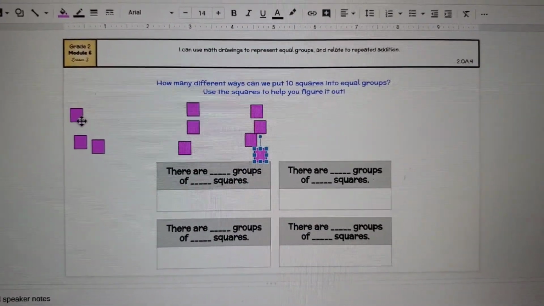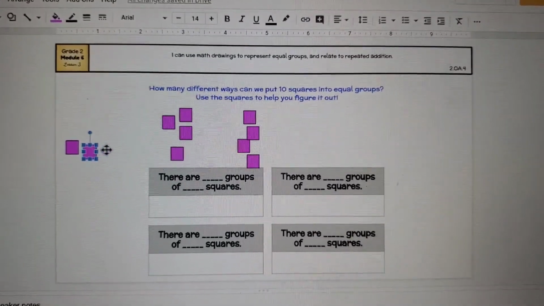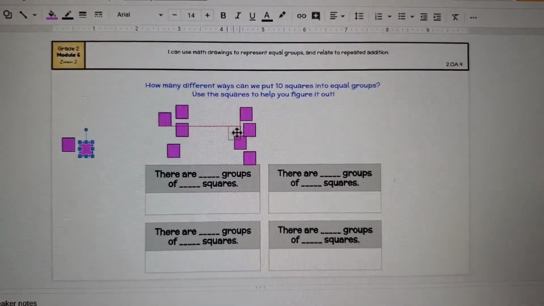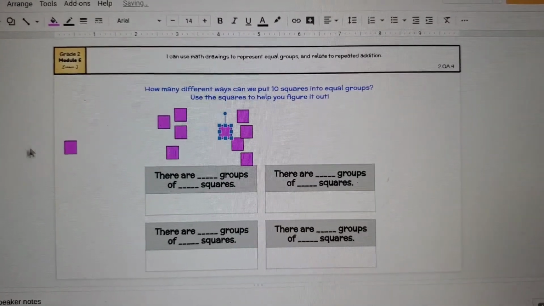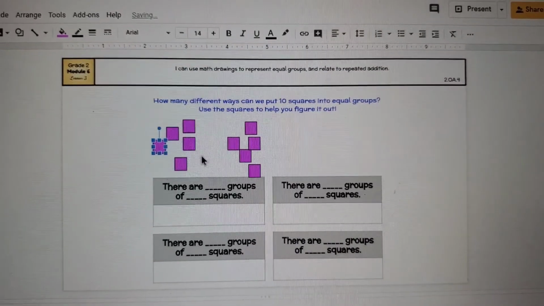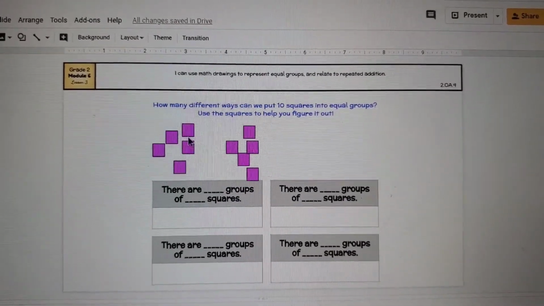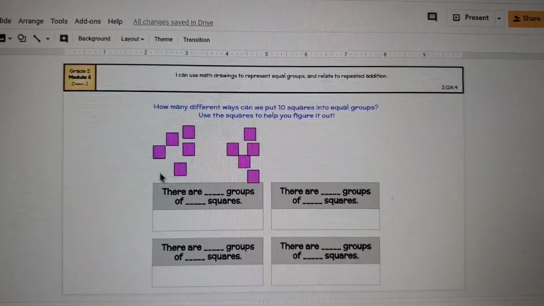4, 4. Ooh, I have 2 squares left. 5. Let me see. I have 1, 2, 3, 4, 5 in this group.